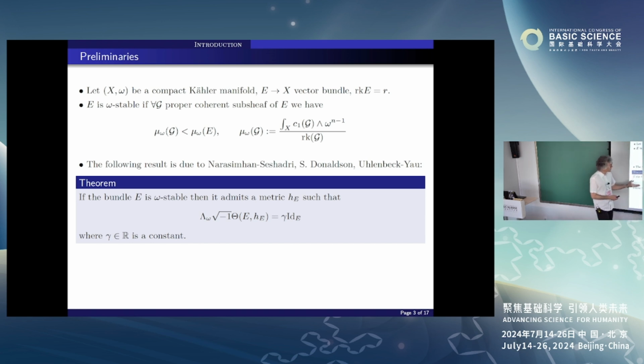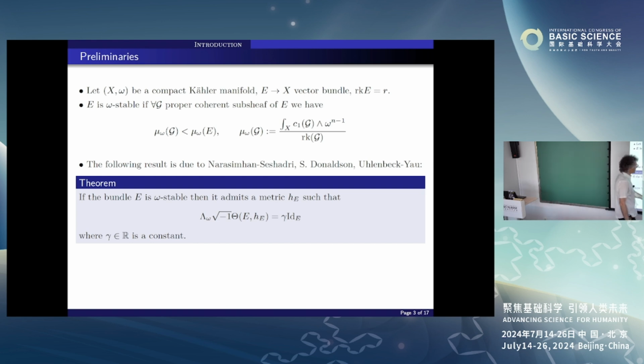The contraction of the curvature form with respect to the metric is a multiple of the identity, right? Narasimhan was for the case of curves, and then Donaldson in the projective case. And finally, the result which will be particularly relevant today was established by Uhlenbeck and Yau in the context of compact Kahler manifolds.